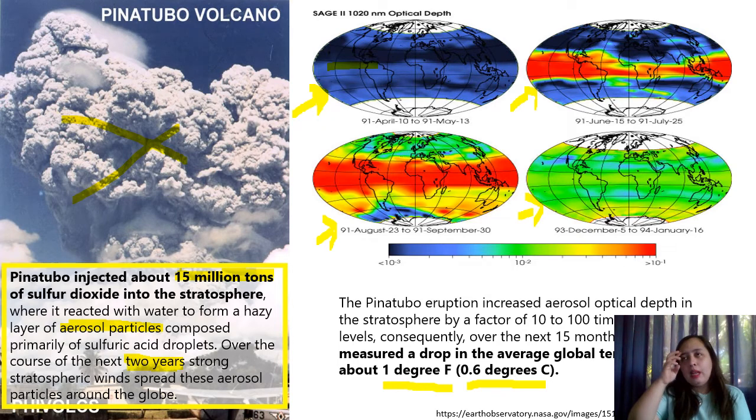Kung maraming bulkan ang sumasabog, marami nga namang bulkan sumasabog during this primitive time. Kung itong Mount Pinatubo, isa lang siya, it drops the global temperature by 1 degree Fahrenheit, it delays global warming by 3 years, how much more 100, 200 to thousands of volcanoes erupting simultaneously on the primitive Earth.